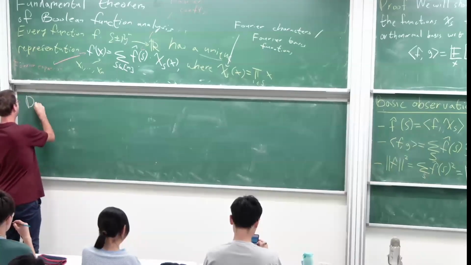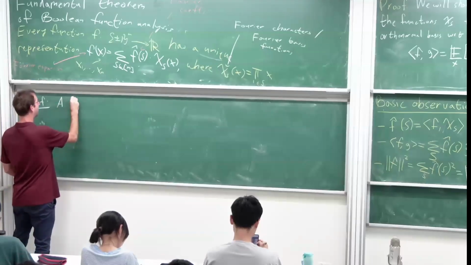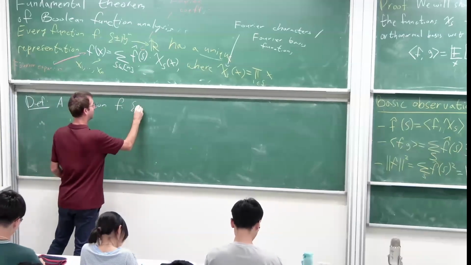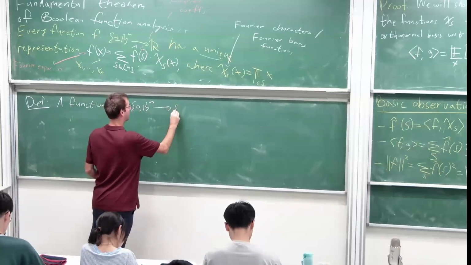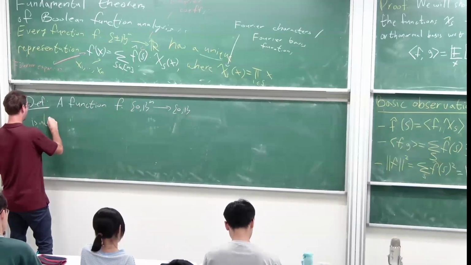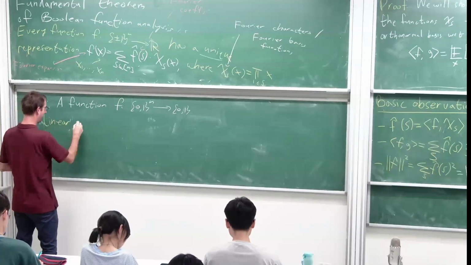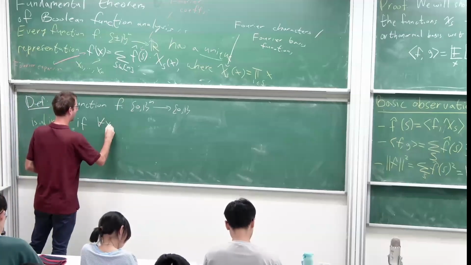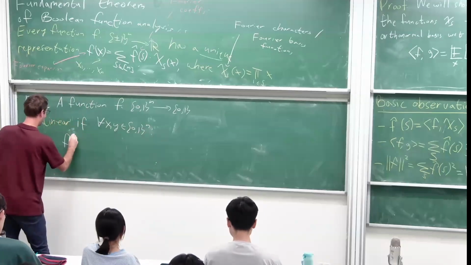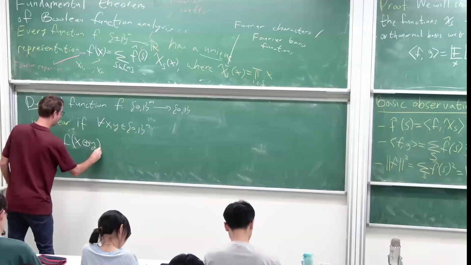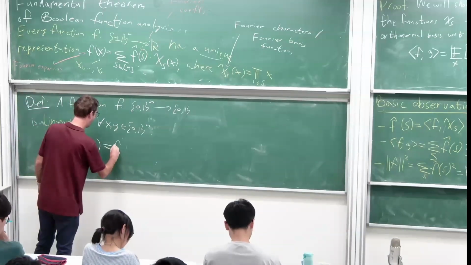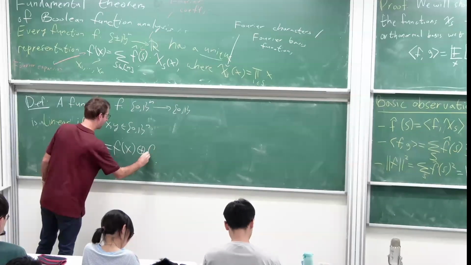So the definition: a function f from 0, 1 to the n to 0, 1 is linear if for all x and y in 0, 1 to the n, f of x plus y, where this means you XOR, you sum all the coordinates, equals f of x plus f of y.